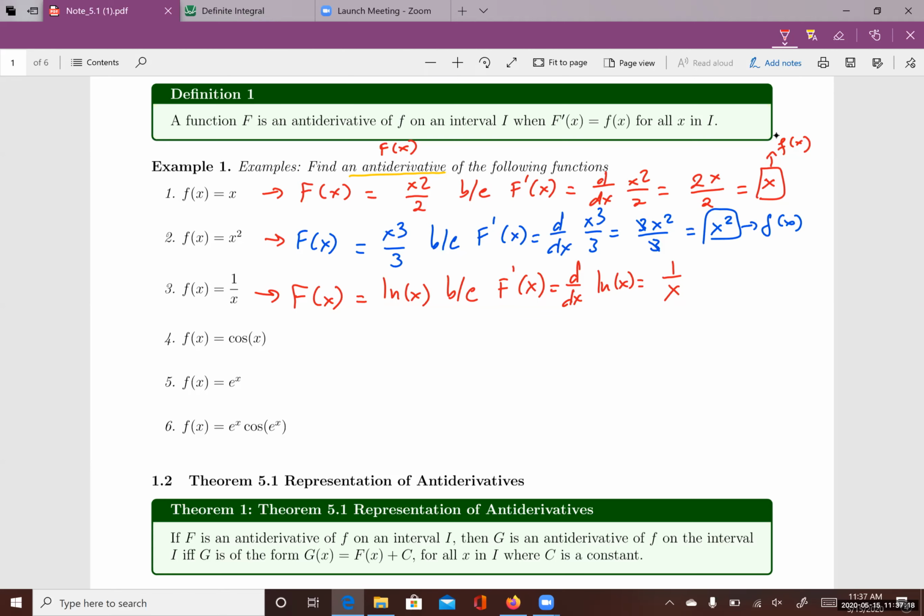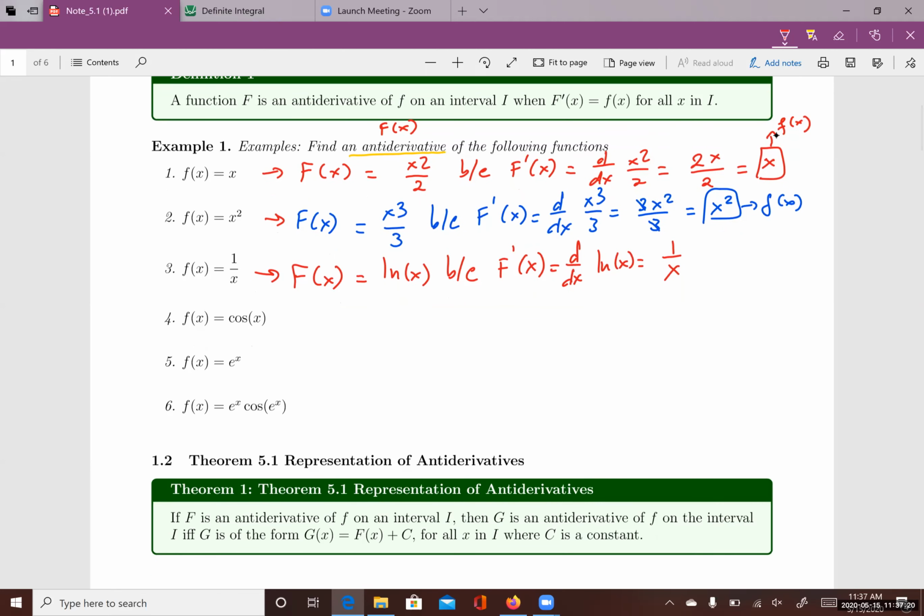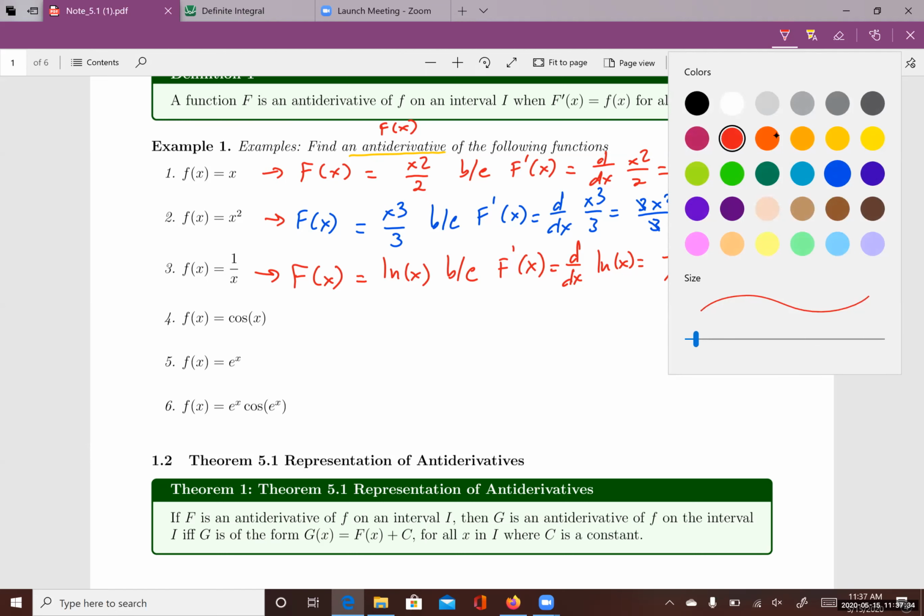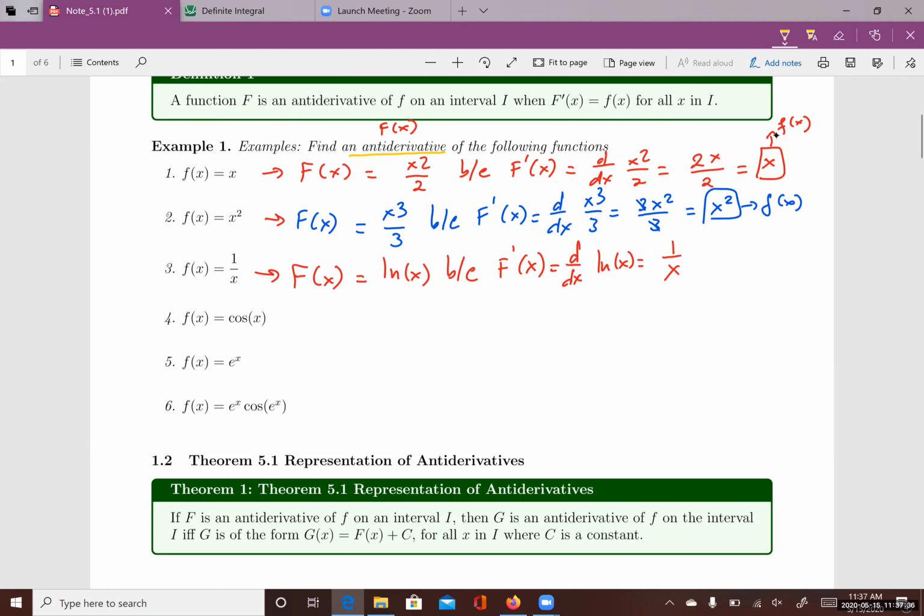In this case, because ln x is only defined when x is positive, you want to have an absolute value here, to make sure the value inside the absolute value is non-negative.